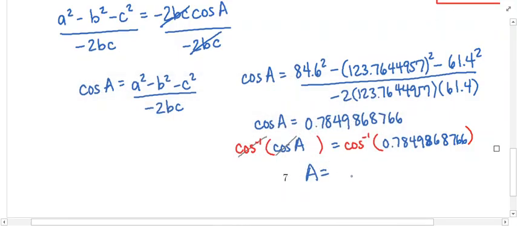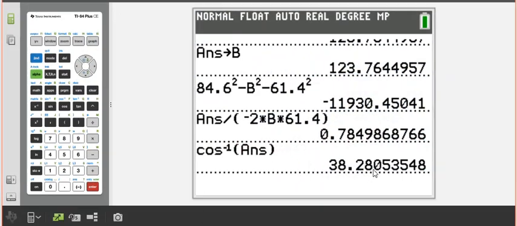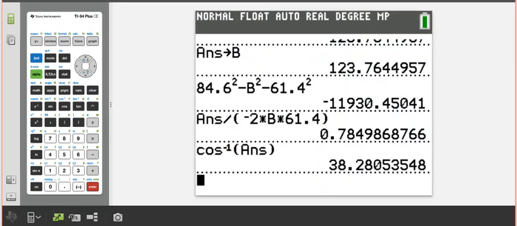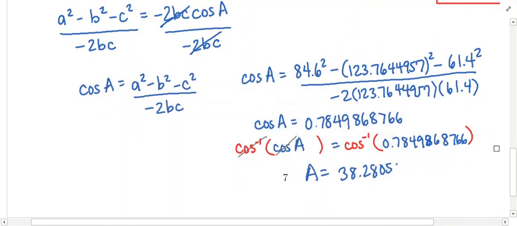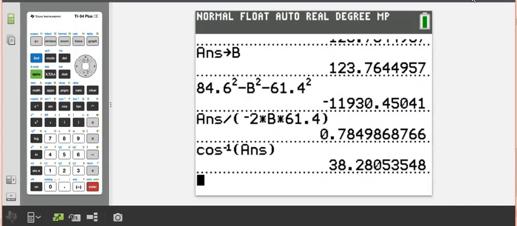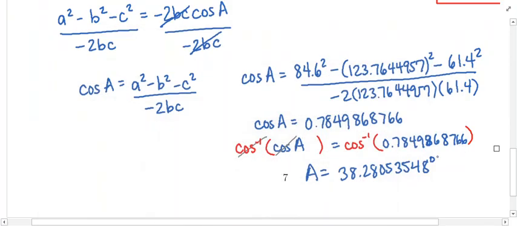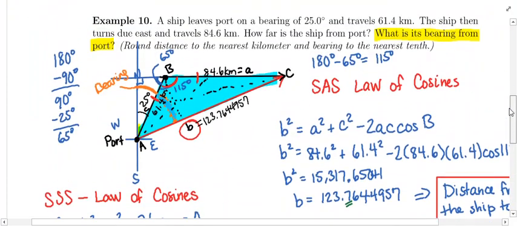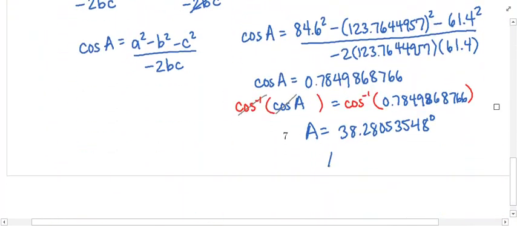Let me write this out. We're in degree mode, so this is a degree measure. We do need to round to the nearest tenth according to the directions. It says at the end to round bearing to the nearest tenth. So we're going to say that this angle A is approximately 38.3 degrees.